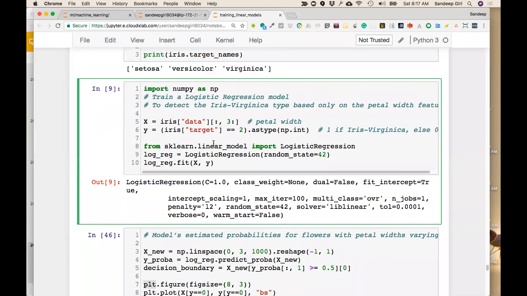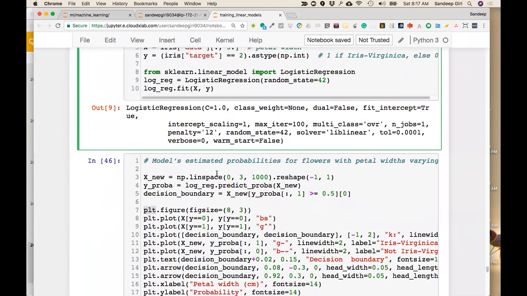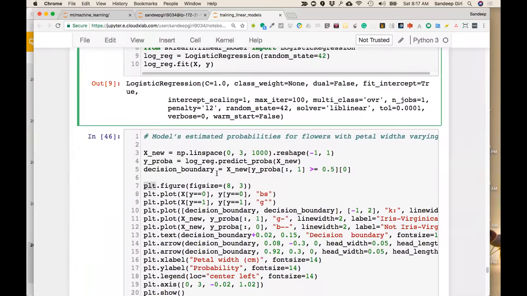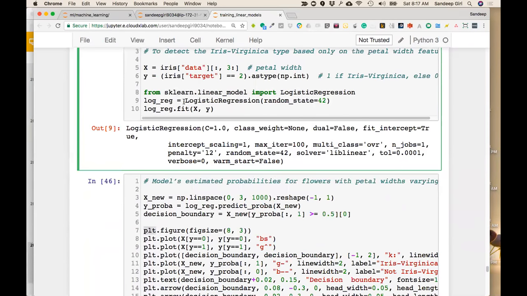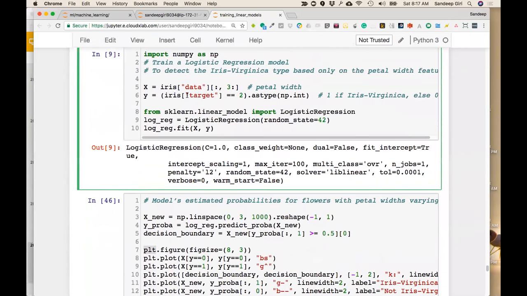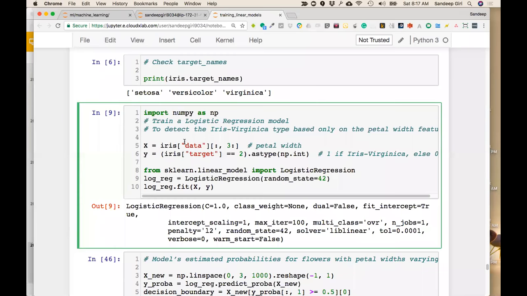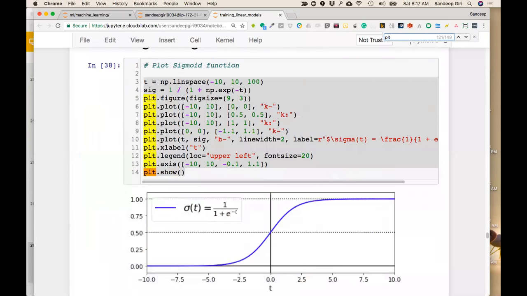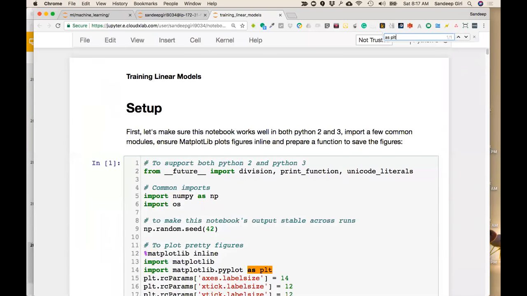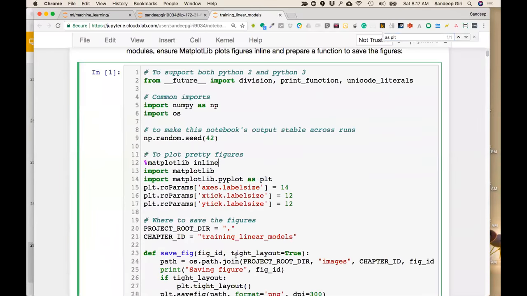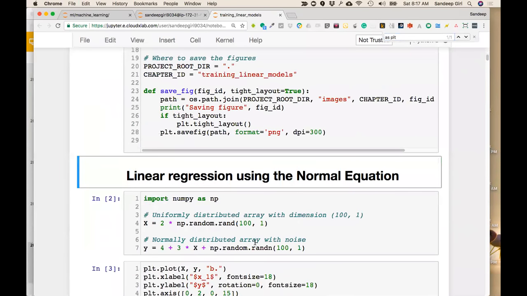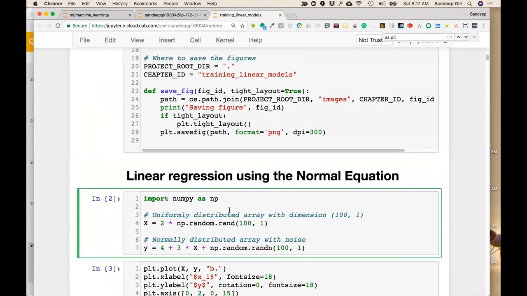Okay, so this is something which we have. I'll just run this. That's all.